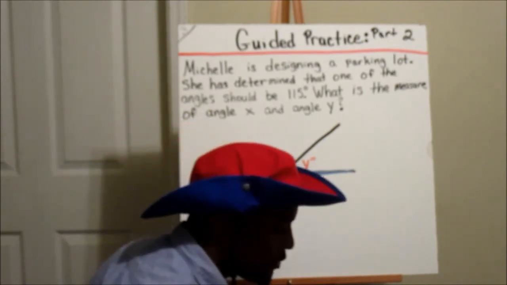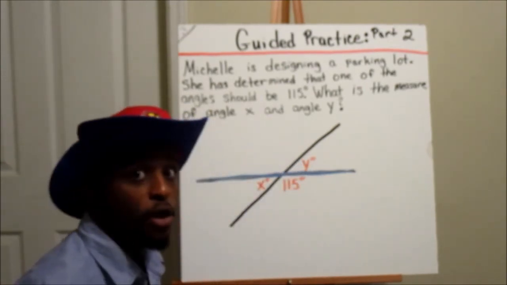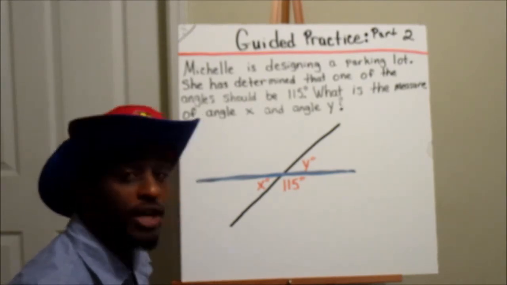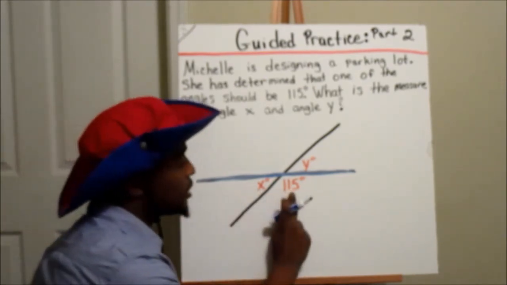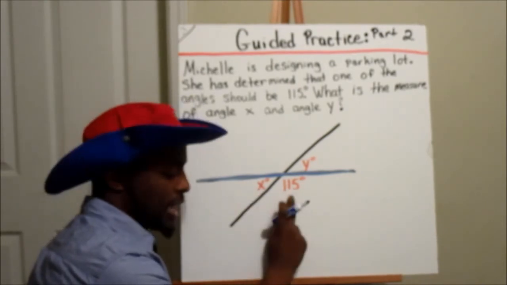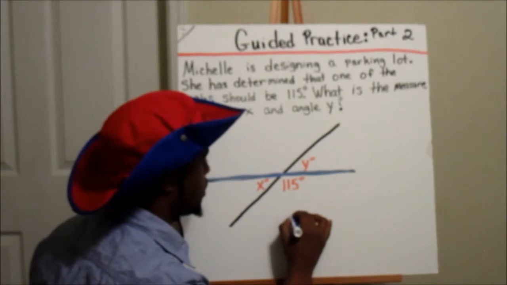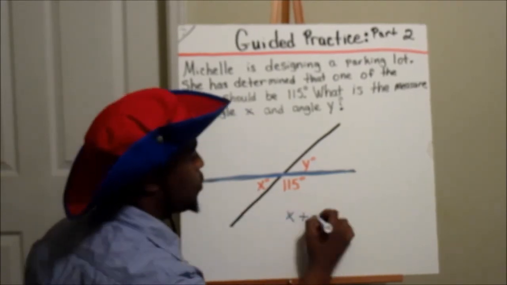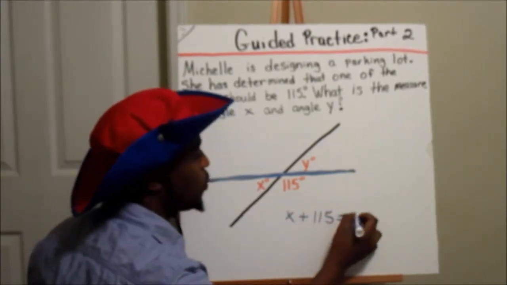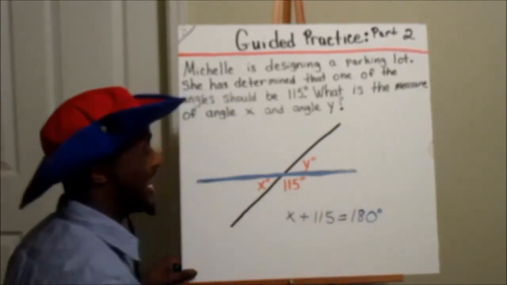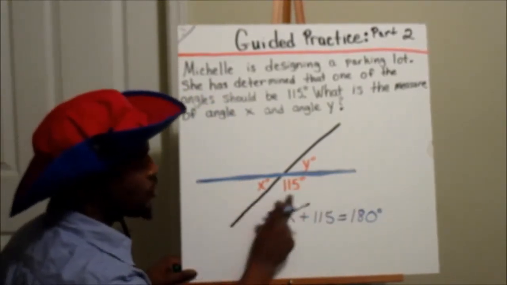So in that blank for number 1 in the guided practice part 2, how is angle X related to a 115 degree angle? That we can say that the sum of these two angles would be 180 degrees. And I could show that with the equation X plus 115 would equal 180 degrees. Alright? And I know that because of this straight line.